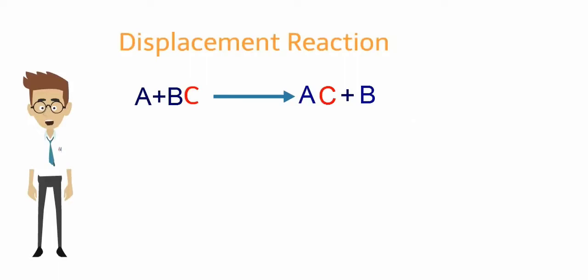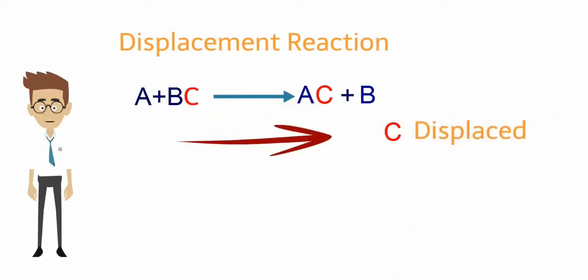Displacement reaction. Displacement reactions are those reactions in which an atom moves from one compound to another compound to form a new compound. Like in this general displacement reaction, atom C moves from compound BC to A, to form new compound AC.